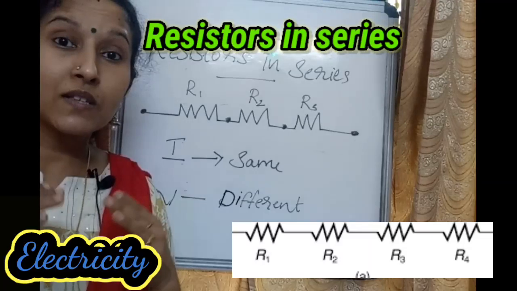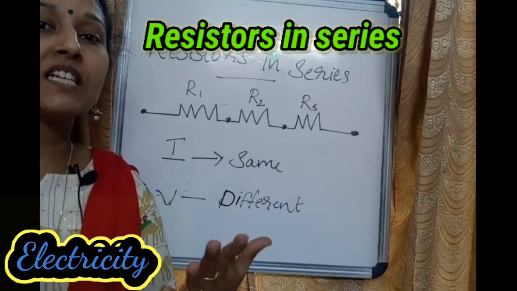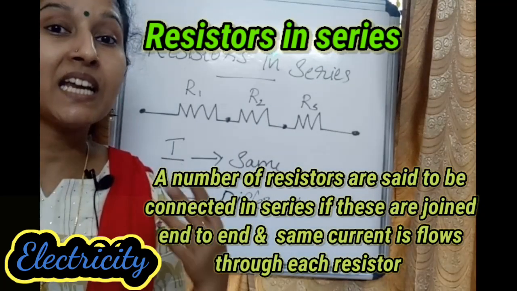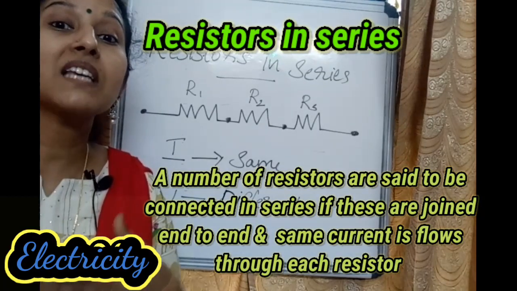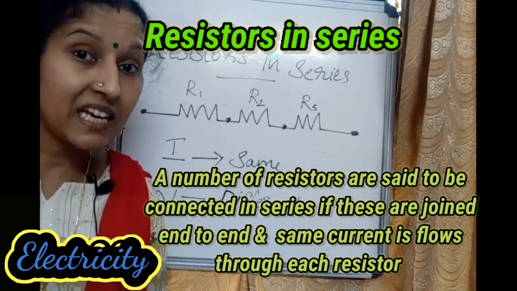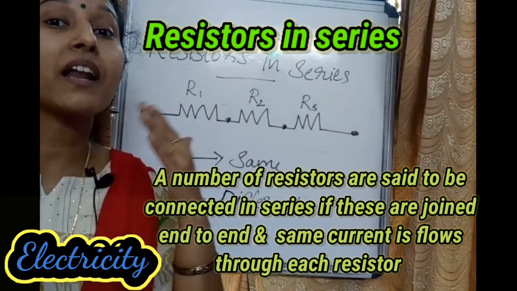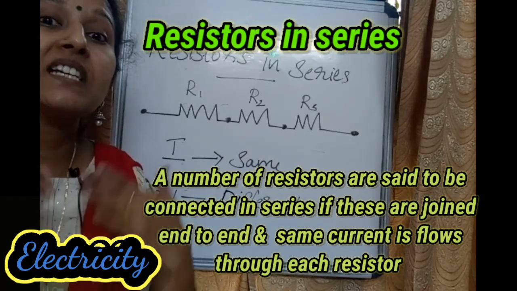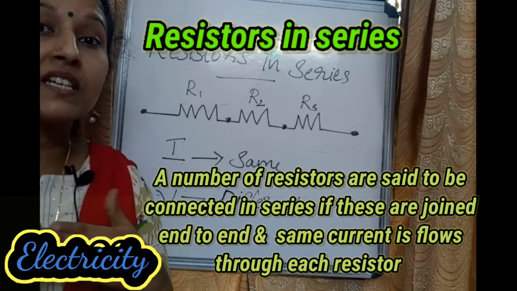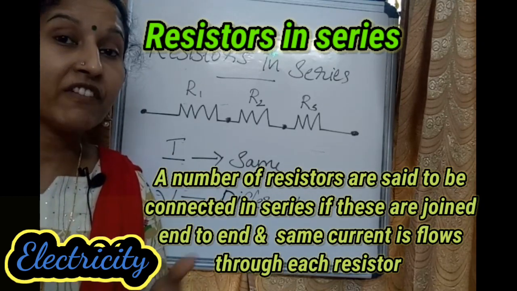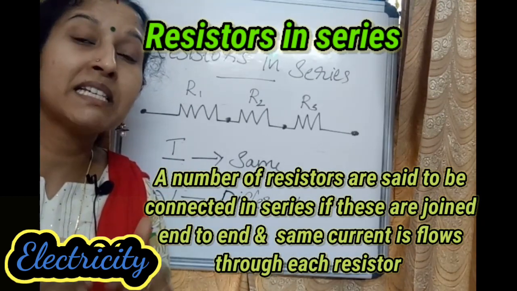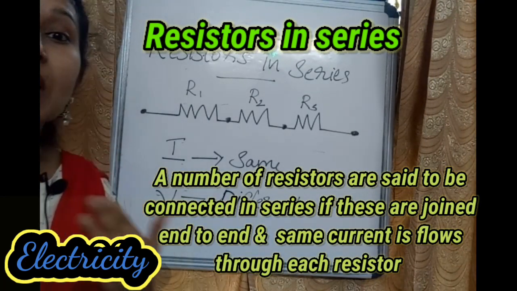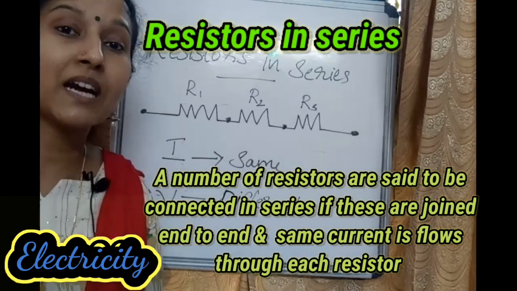So, if n resistors are said to be connected in series, they are joined end to end.